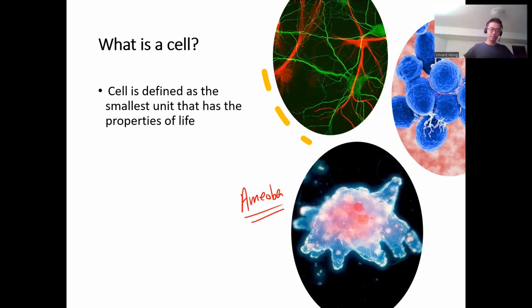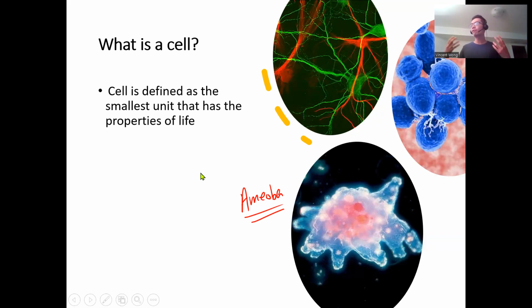The point from these pictures is that different cells look very different. They do look like jellyfish, don't they? But these are really small. These are microscopic. You cannot see them with your naked eye. But they look very different.